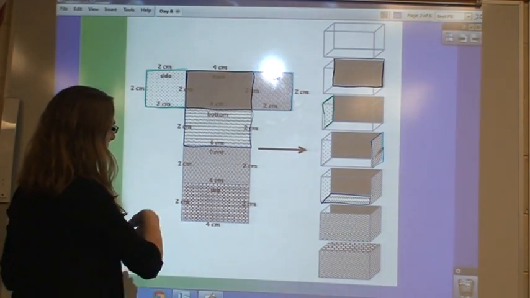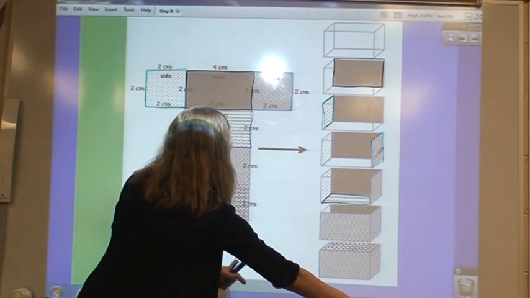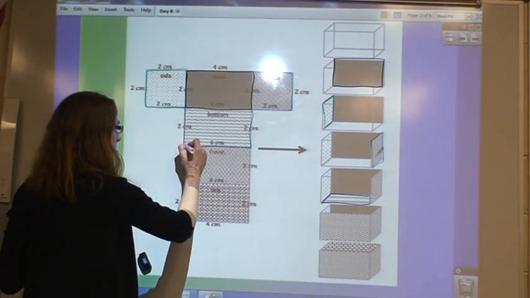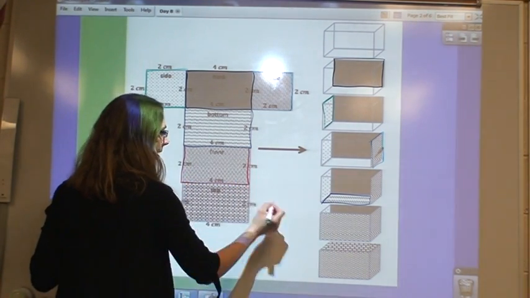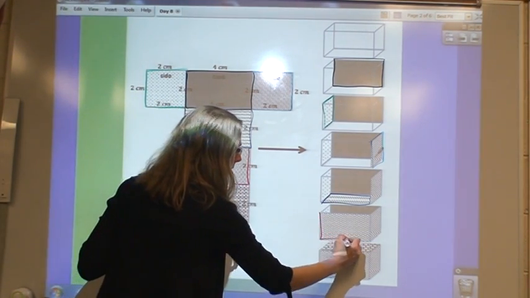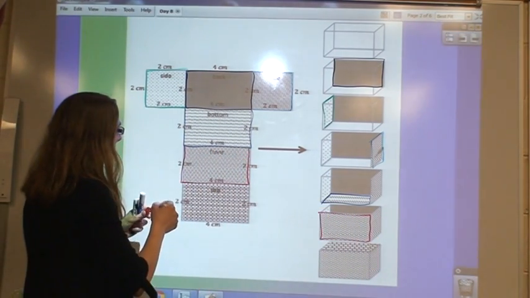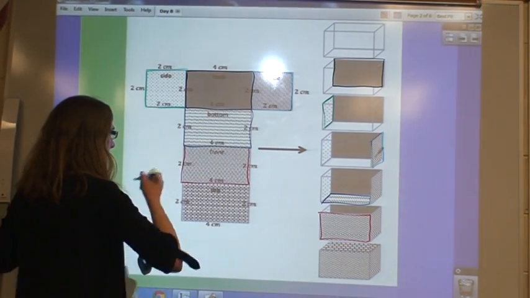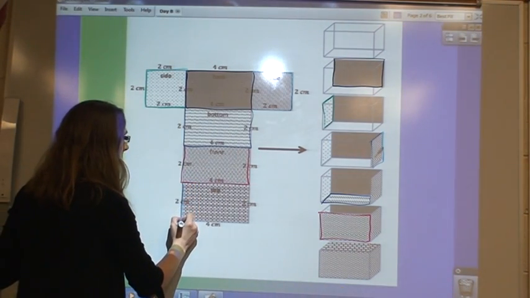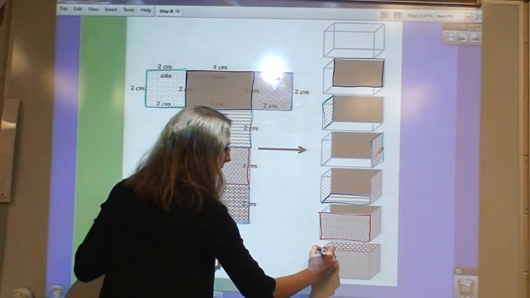And then this one right here is going to be in red. The kind of wavy pattern they put up here in the front. And then finally, the other blue on the top.